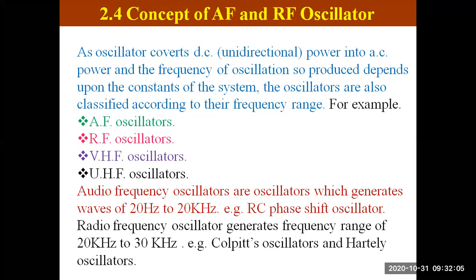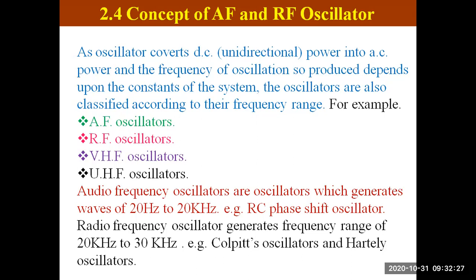The oscillator produces oscillation that depends upon the constants of the system. Constants means the circuit itself: how much inductance is used, how much resistance, how much capacitor. The frequency will depend on that.